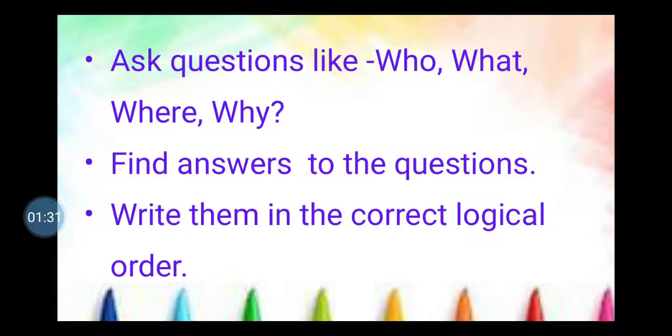Ask questions like who all are there in the picture, what are they doing, where is the setting, whether it is in a garden, a classroom, or at the airport, and why is the character doing a particular action. Find the answers to all these questions and write them in the correct logical order.